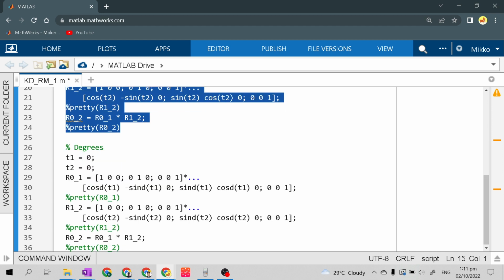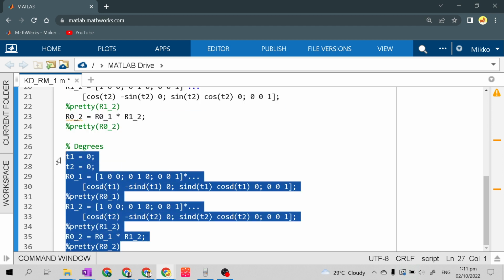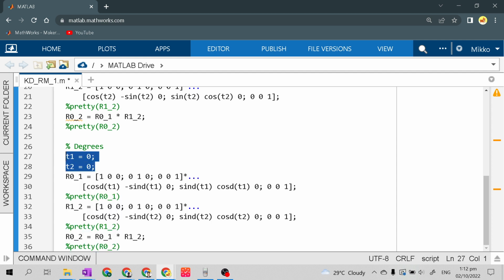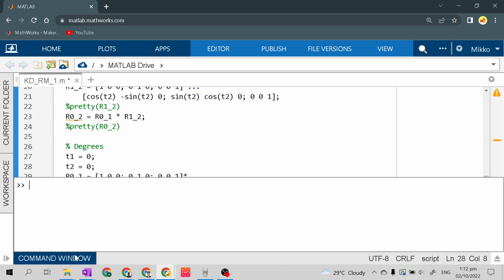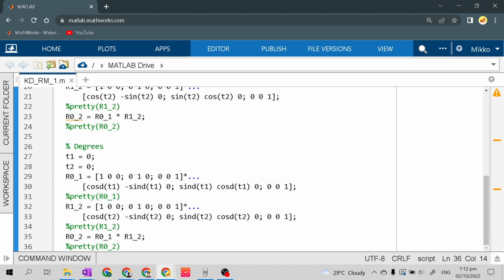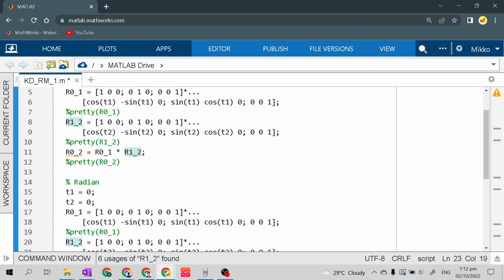And the last thing that will happen is the computation of the rotation matrix with degree values. If we press F5, sorry, it will not run. It will have no output.